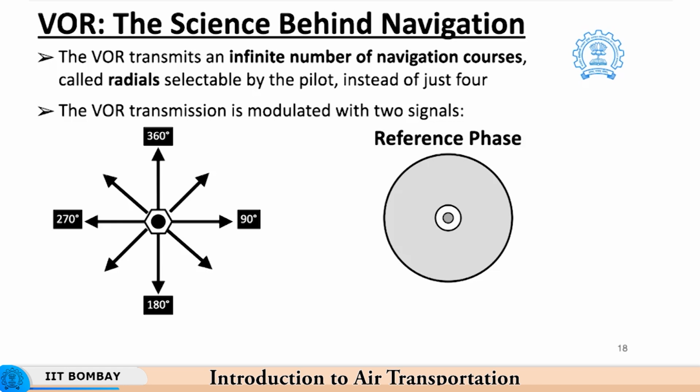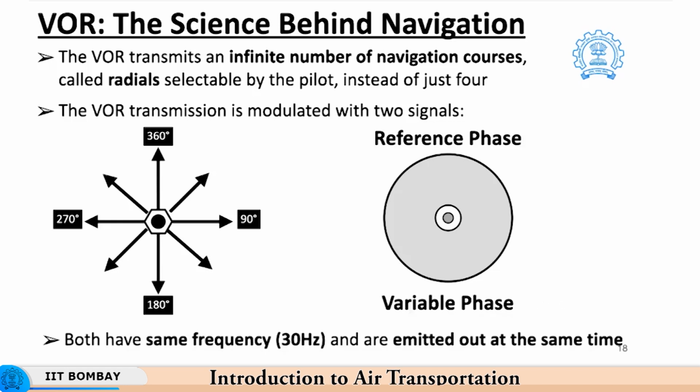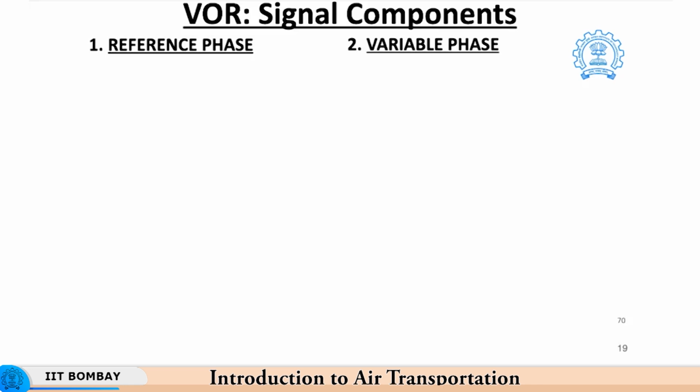One is called the reference phase signal, and the other is called the variable phase signal. Both these signals operate on the same frequency, that is 30 Hz, and are emitted at the same time. Now let's understand what these two signals consist of.